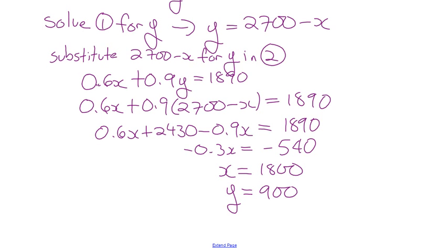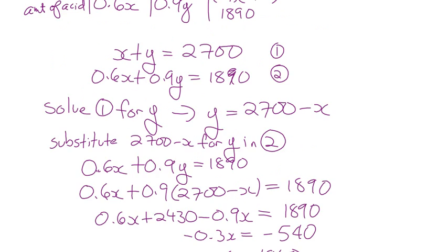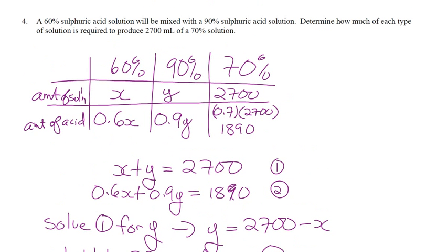Okay, before we make the statement, we should go check this. I'm just saying x is 1800, which is the 60% is 1800. So if the 60% is 1800, the 60% of 1800 is how much? 540?